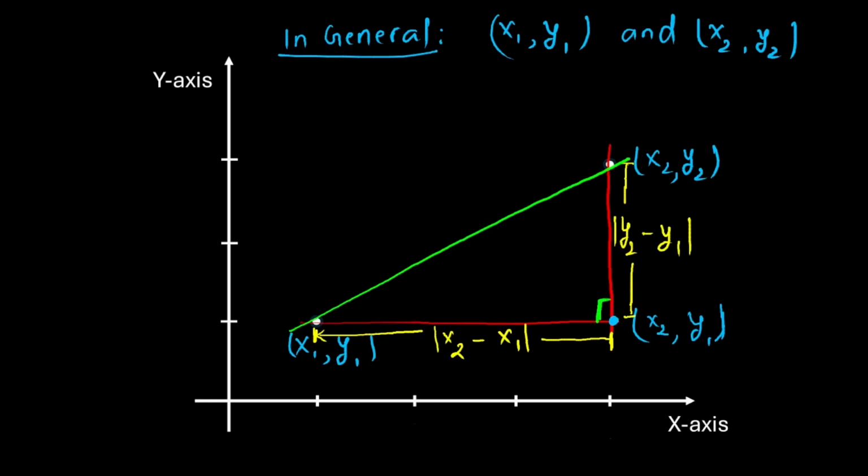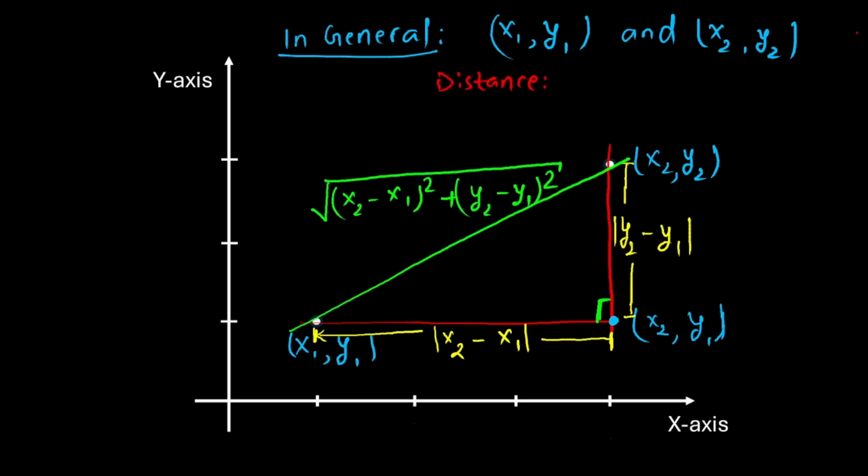So by Pythagoras theorem, this distance is equal to square root of this horizontal distance square plus this vertical distance square. So this is our distance formula. So distance is equal to the square root of (x2 minus x1) square plus (y2 minus y1) square.